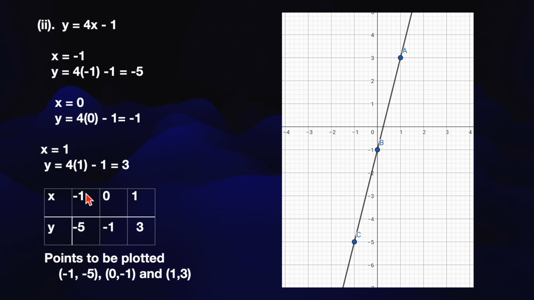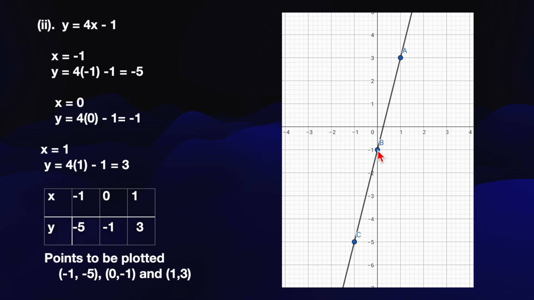Let's plot (-1, -5). Here in the graph paper, draw the x-axis and y-axis. Here is -1 and this is -5 on the y-axis. So here is the point (-1, -5). Then (0, -1): the x coordinate is 0 and the y coordinate is -1.